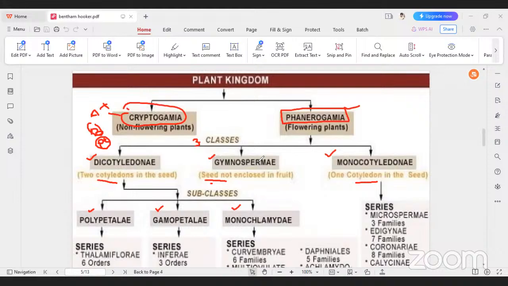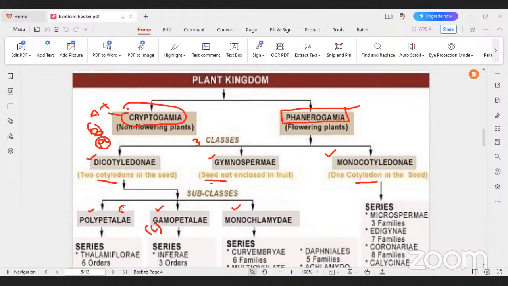These petals are not fused, so they are grouped in polypetalae. Next, gamopetalae. Gamo means fused; the petals are fused in gamopetalae. Petals fused, this is the symbol.